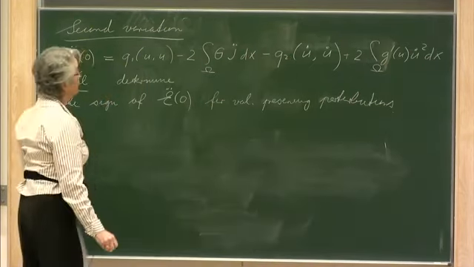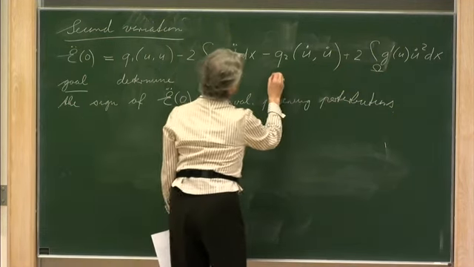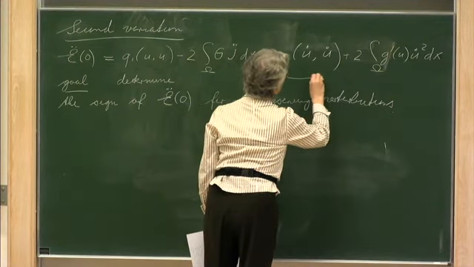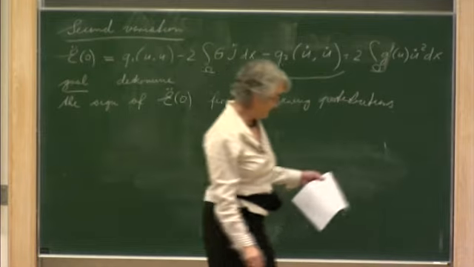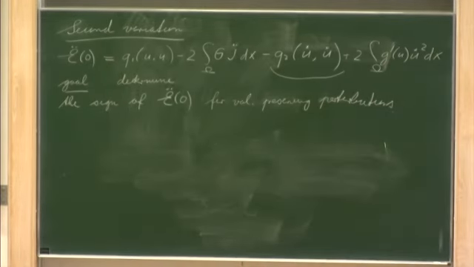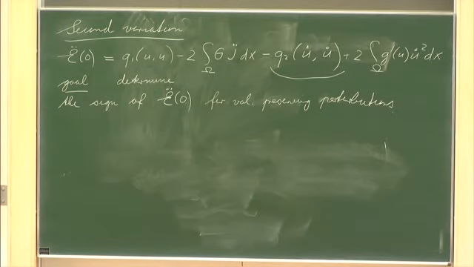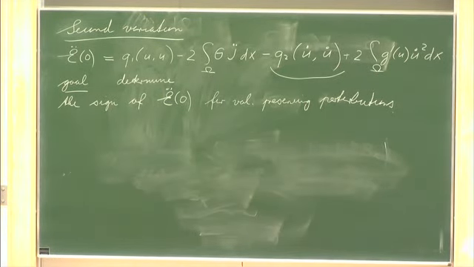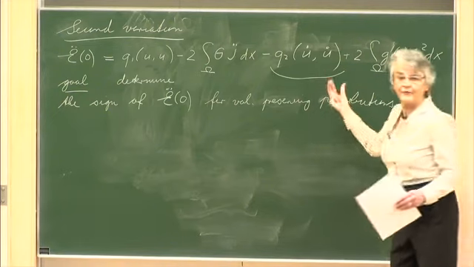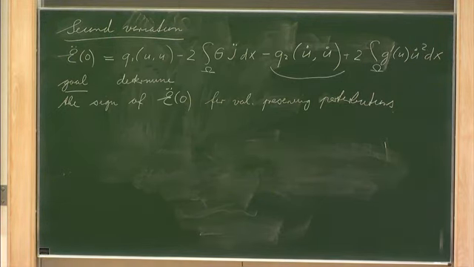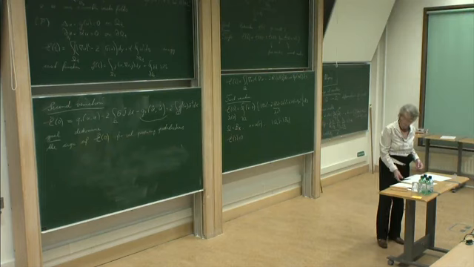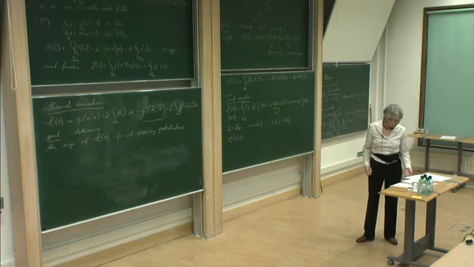And the expression which causes a lot of problems is this one. We have worked for weeks to put it in a form so that we can determine and give some estimate. It was somehow hopeless to just work with this expression.